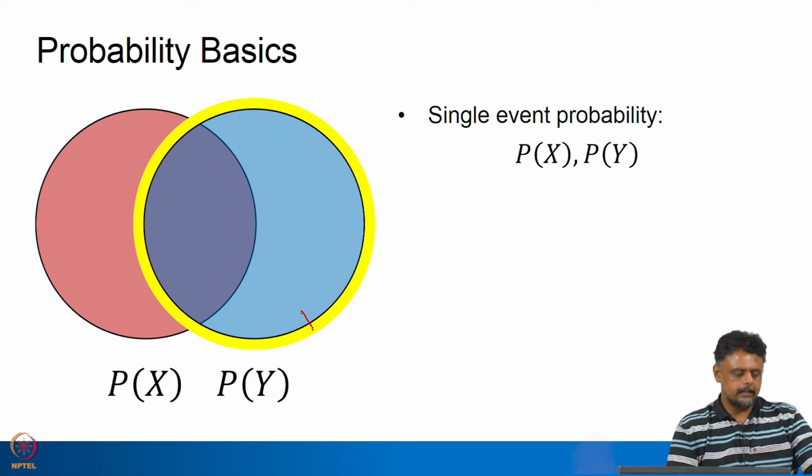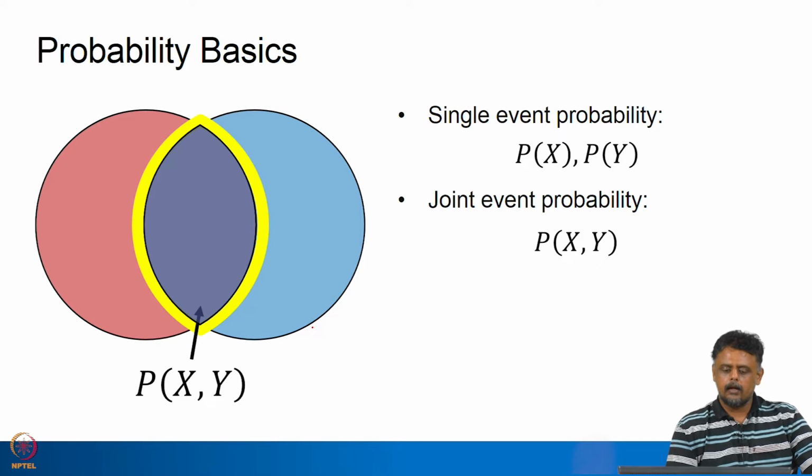So we have two events x and y. The joint probability of their occurrence is denoted by p of x comma y, and the single event probabilities are p of x and p of y respectively. In the Venn diagram it is the region of intersection.